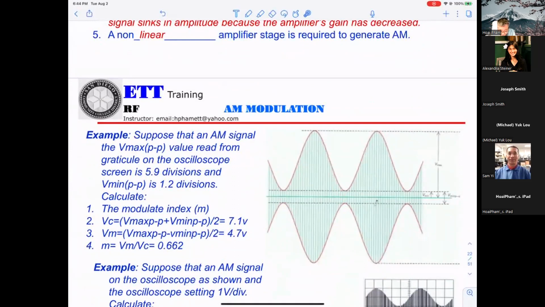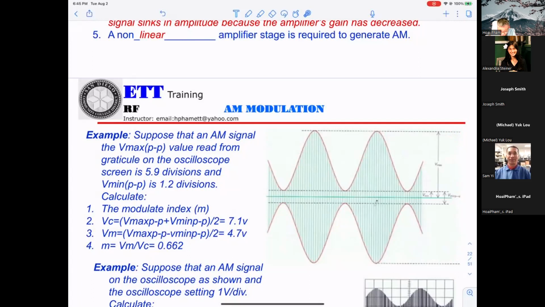You get the V maximum peak to peak, read from the graticule of the oscilloscope screen, as 5.9 divisions, and V minimum as 1.2 divisions.